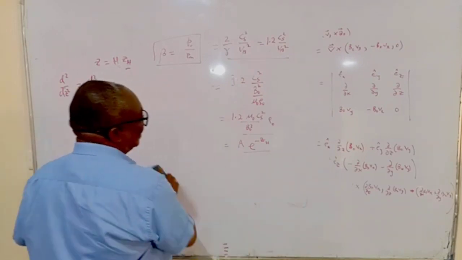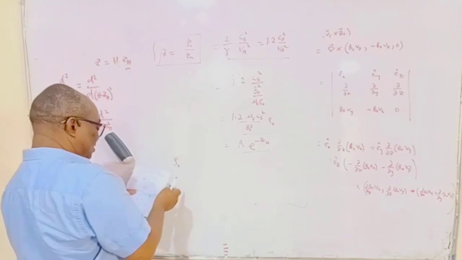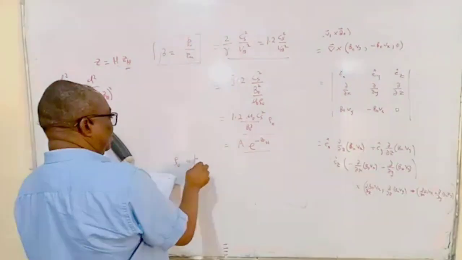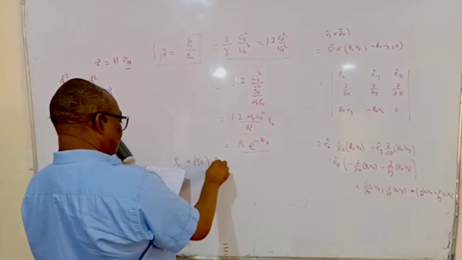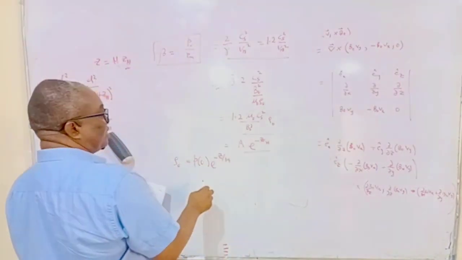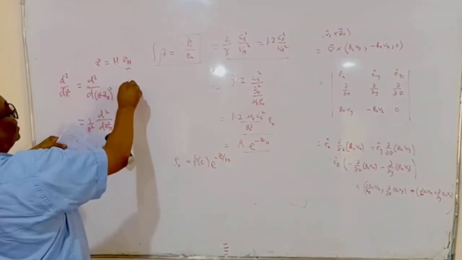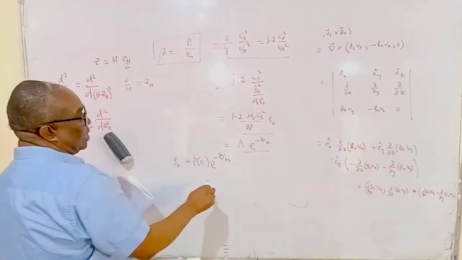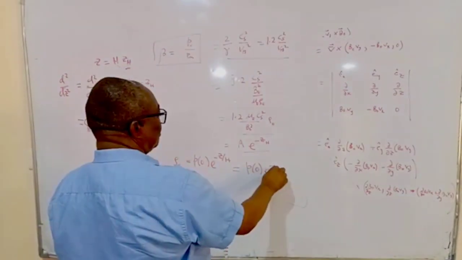Now you remember, we define rho naught to be equal to P naught e to the minus Z over H. But if we have defined Z, you can now say Z over H will give you ZH, so that you'll now be able to see that this is the same thing as P naught e raised to the power of ZH.